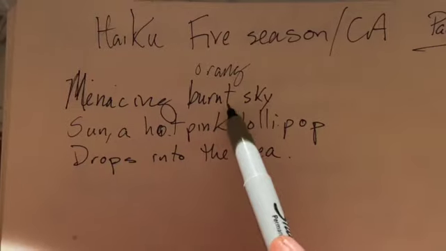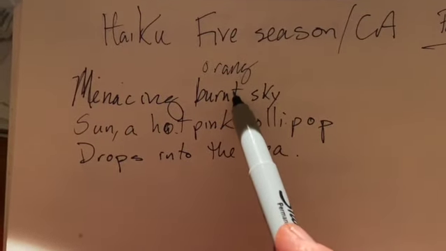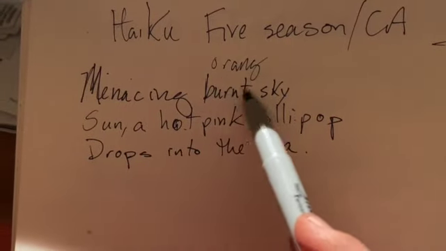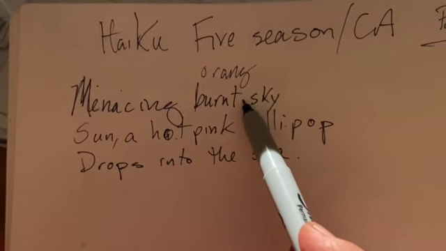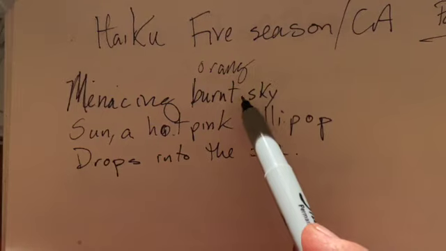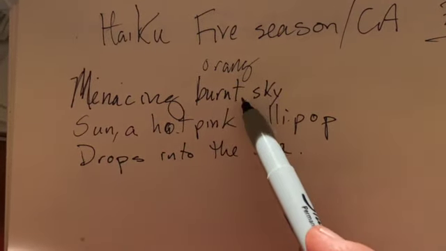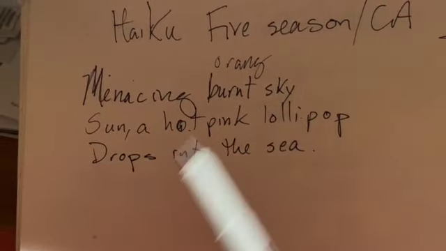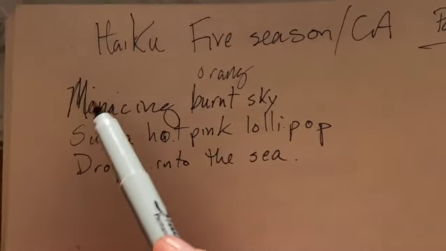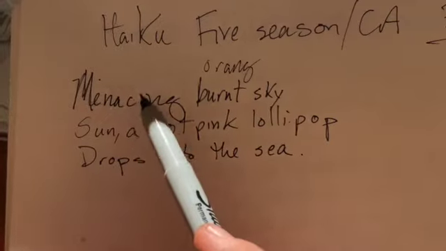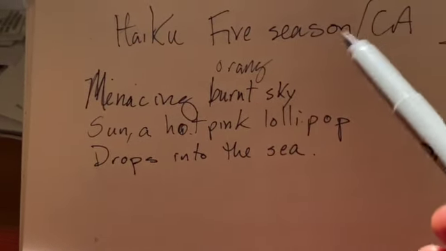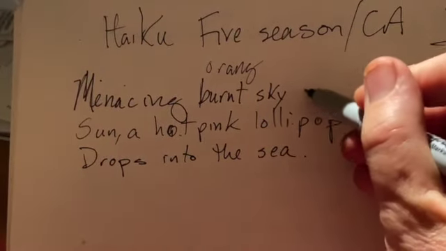I figured it actually went better anyway, because now we're literally talking about something that's associated with fire. So that works a little bit better. Now we understand, at least maybe, that we're referring to burning and fire. So now I have 5 syllables. Menacing is 3, burnt is 1, and sky is 1. That makes 5 syllables. So I'm good with that.